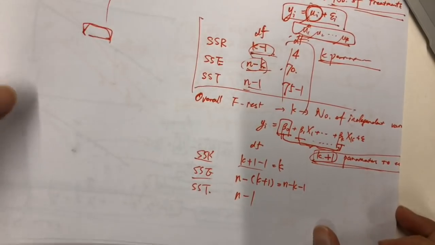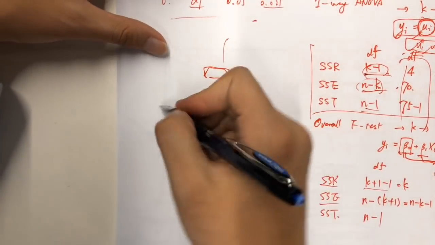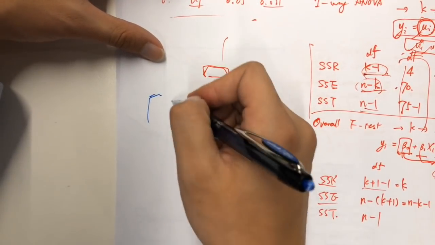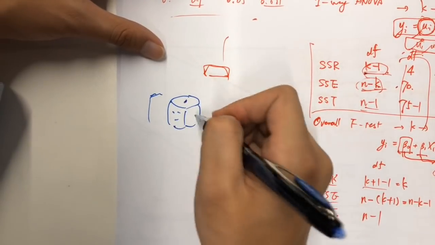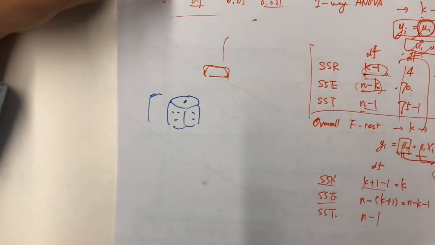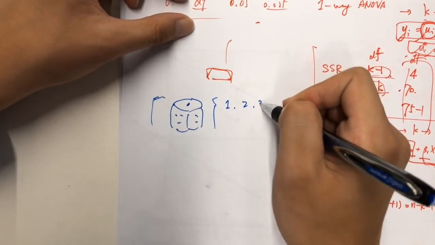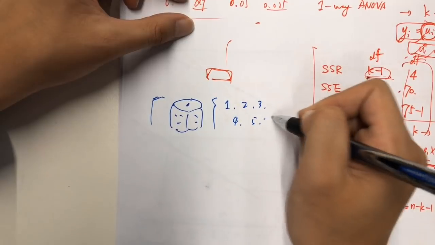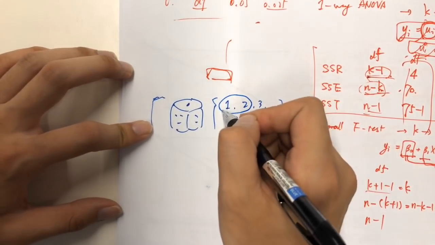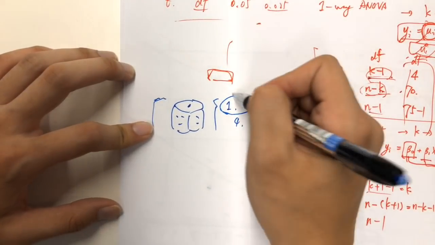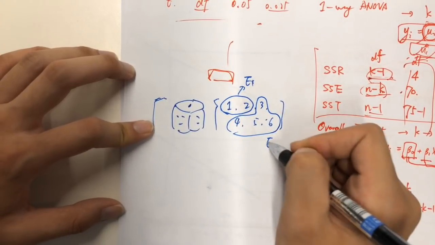Mutually exclusive and exhaustive events, no problem. Say I'm rolling a die. The possible outcomes are 1, 2, 3, 4, 5, 6. I can define event E1 to be rolling a 1 or 2, and another event E2 to be rolling a 3, 4, 5, or 6.